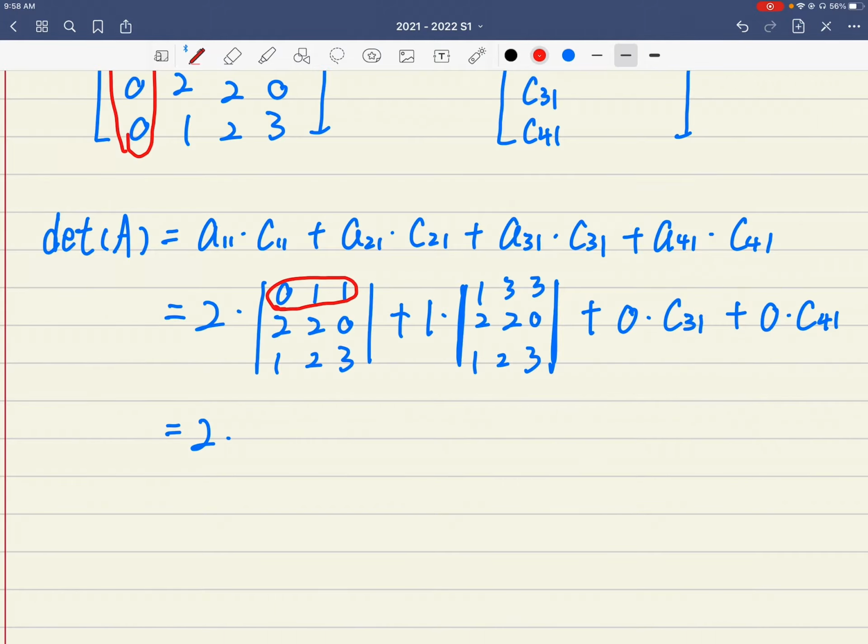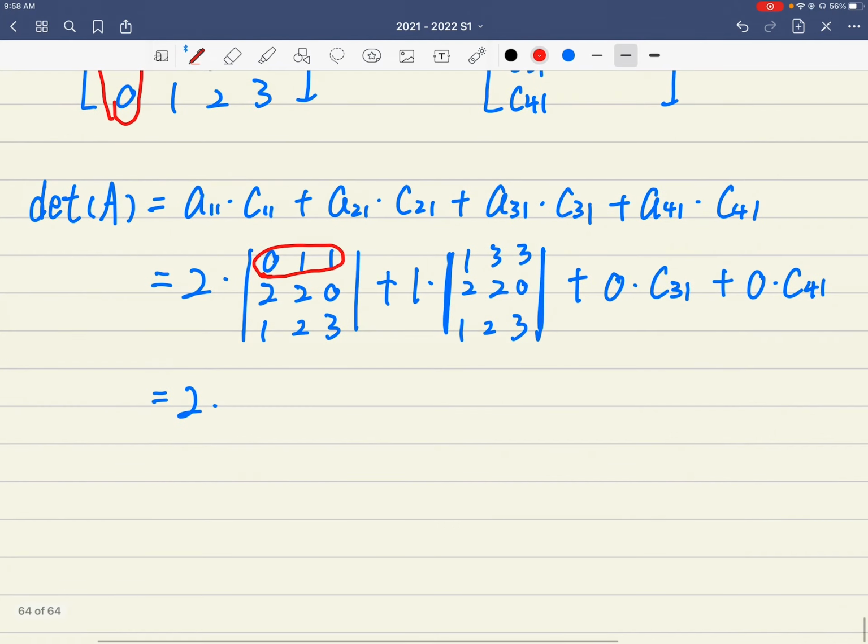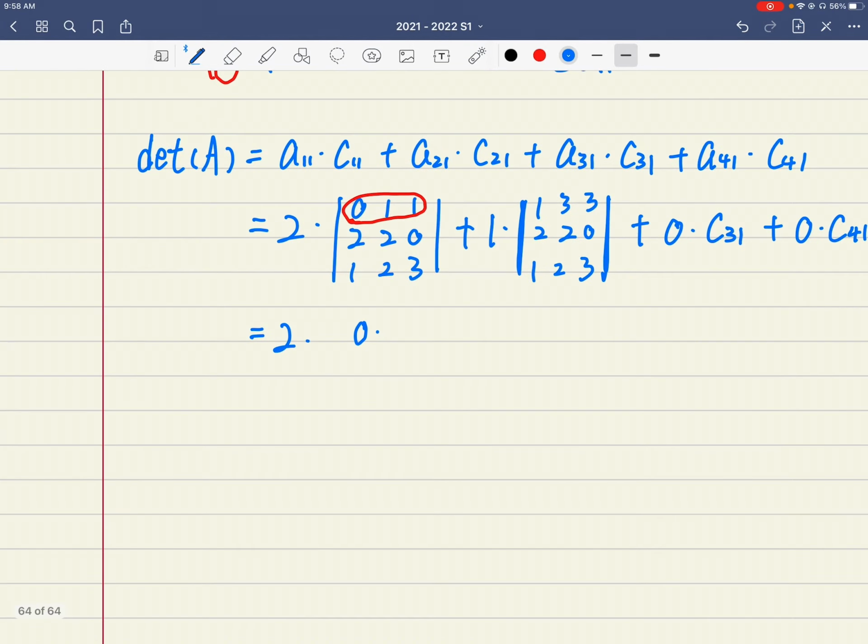For example, if I choose the first row, I have at least one 0, which is better than no 0. So let's write it down. It's this 0 times, let's give it a name.